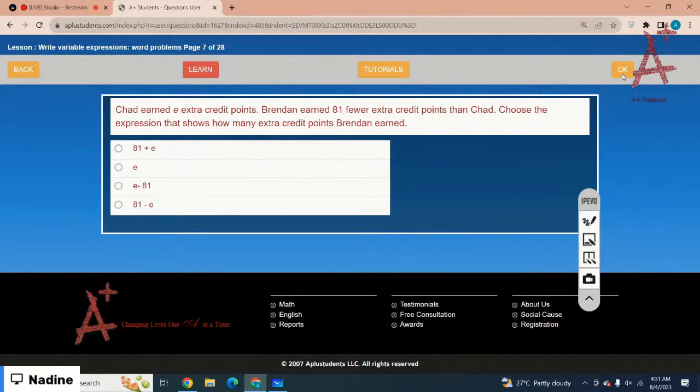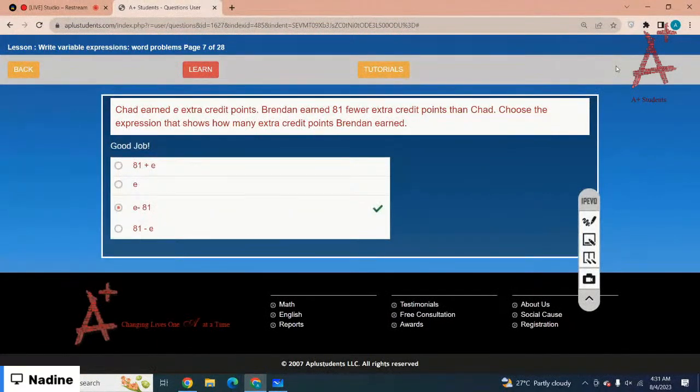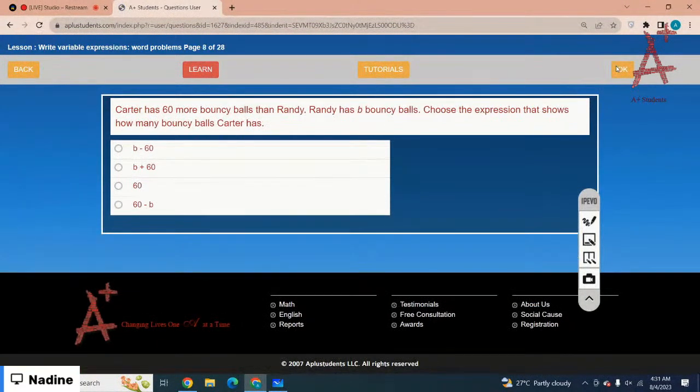It would be E minus 41. The correct option is E minus 41. You can see 81 fewer points than Shed. That means it would be E minus 41. You have to subtract 81 from E. It would be E minus 41. E minus 81, sorry, not 41.